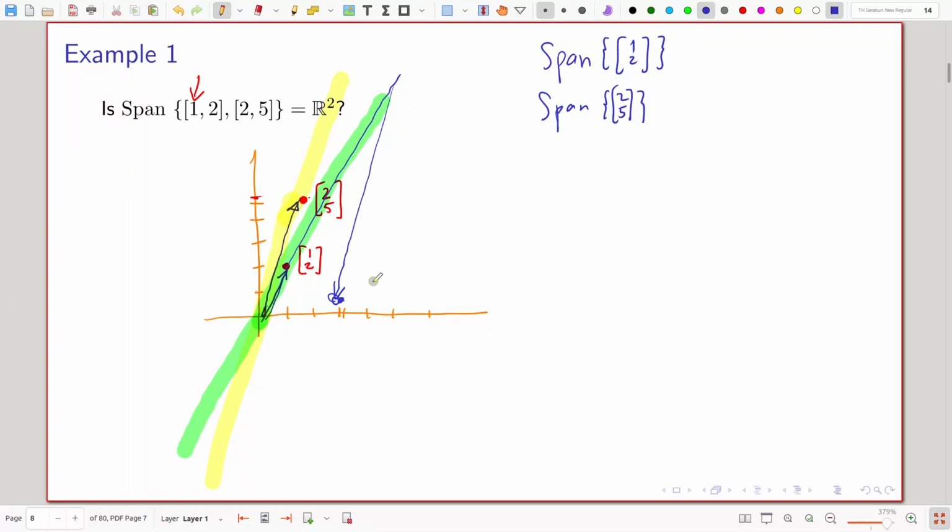So the span of these two vectors is R squared. R squared is the entire two-dimensional space. Okay. If you can reach any point using these two directions, it means every vector in R squared is a linear combination of 1, 2, and 2, 5. So the span of 1, 2, and 2, 5 is R squared. Okay.